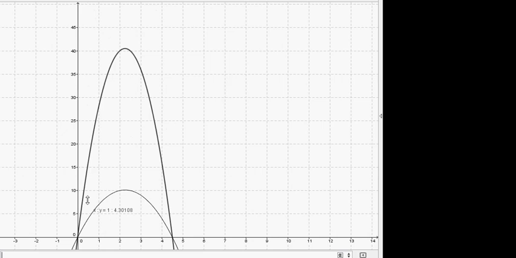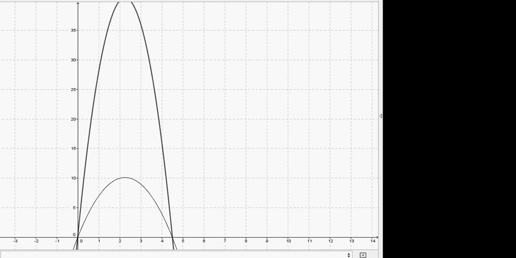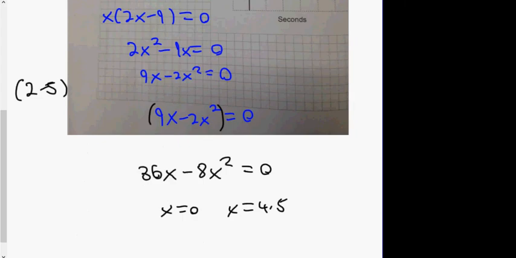Okay? So, therefore, I can multiply this equation I have. This equation I have here can be multiplied by any number you can think of, and it'll still pass through 0 and 4.5. You agree with that? Okay. Now, what happens if you look up at your answer?